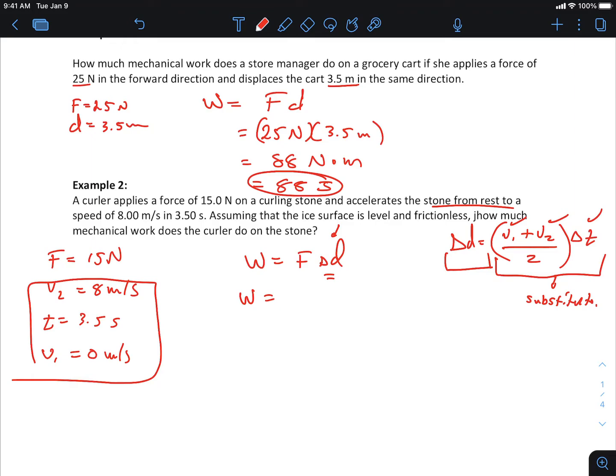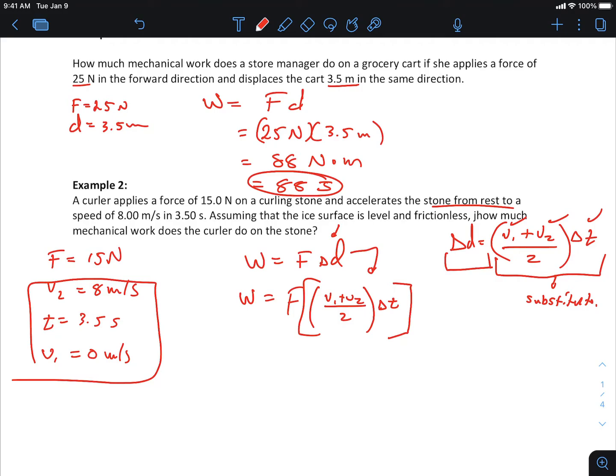Well, work is equal to force times V1 plus V2 divided by 2 delta T. Maybe I'll put that in square brackets to explicitly show that D, or delta D, the displacement, is everything inside of the square brackets.